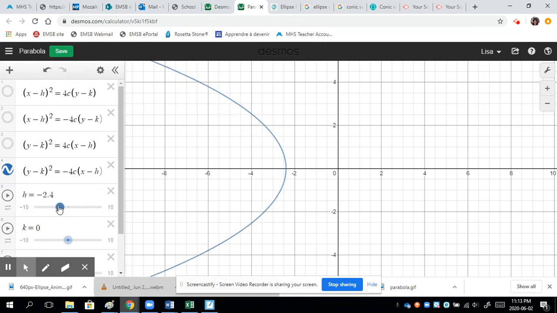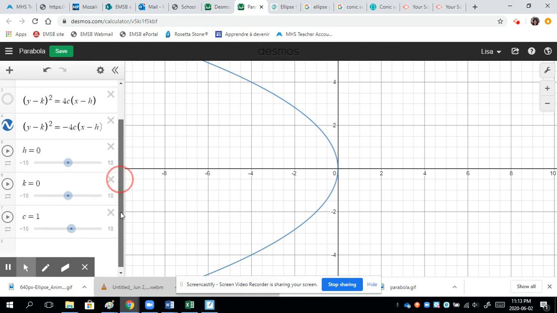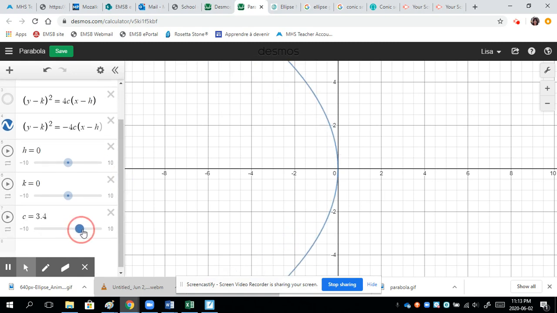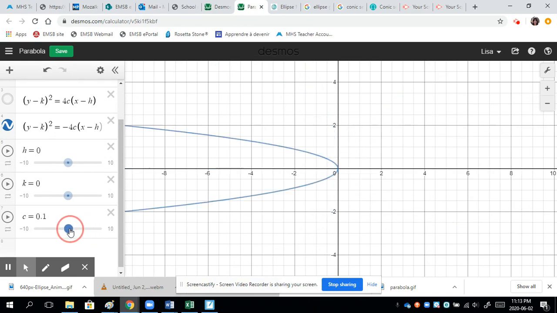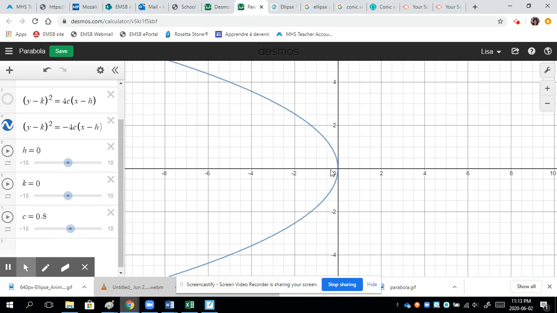And C, let's see if I can show you. In Desmos, they don't graph the focal point or the directrix, but the value of C affects the opening, and C would be the distance between the focal point and the vertex.